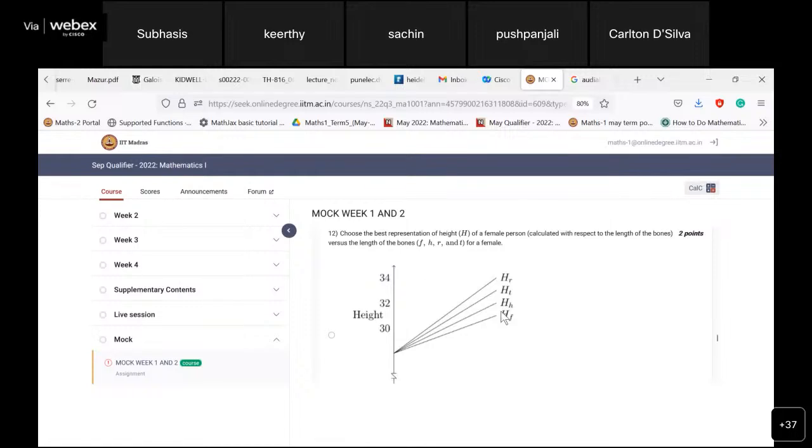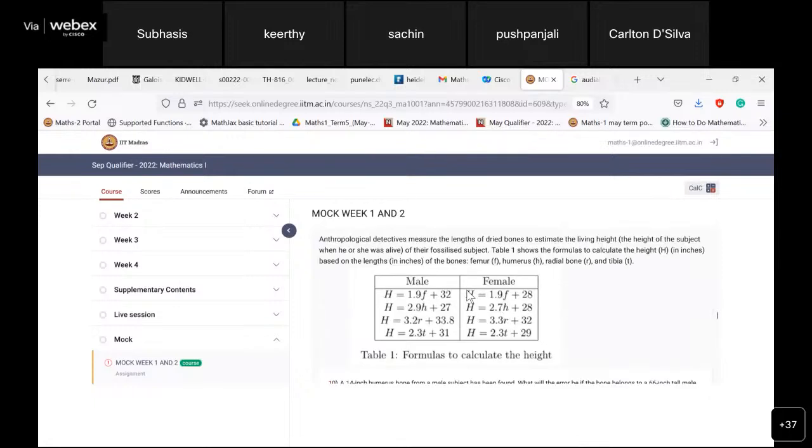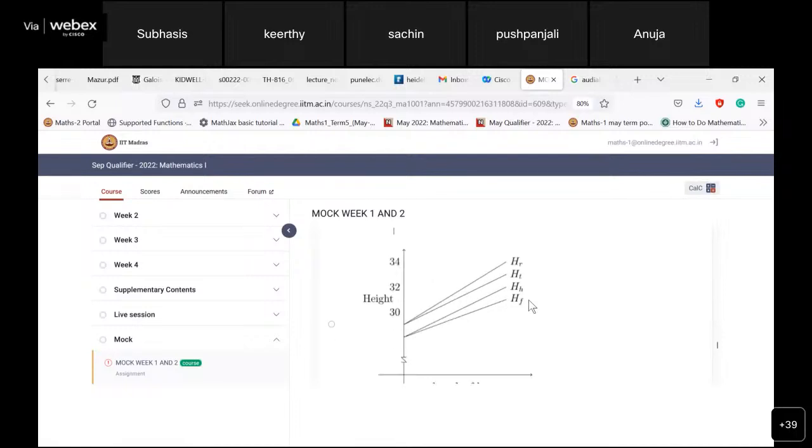The equations are given. If you see the female person, h equals 1.9 a plus 28, h equals 2.7 s plus 28, h equals 3 r plus 28. So the first equation, h equals 1.9 a plus 28, represents a line, right? Yes. So now you can draw it in a graph, and then you can predict according to the graph.